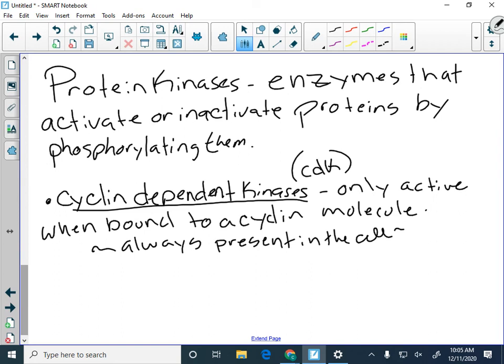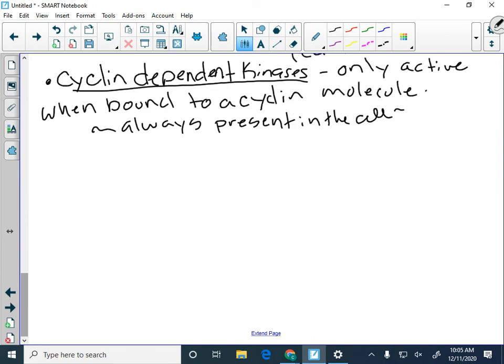It is the cyclin concentration that depends on activity. So, the activity of cyclin-dependent kinases increases or decreases with the concentration of cyclin.